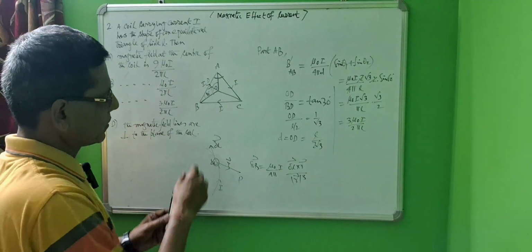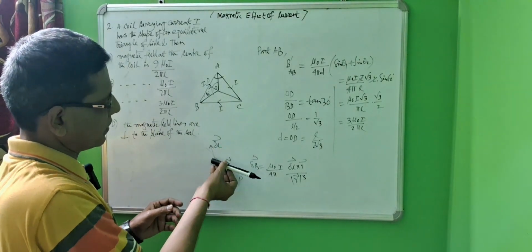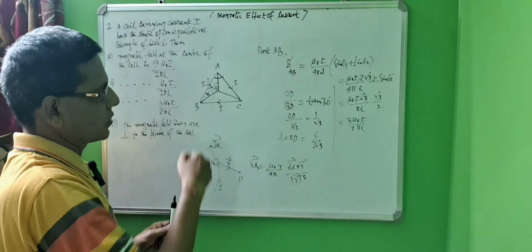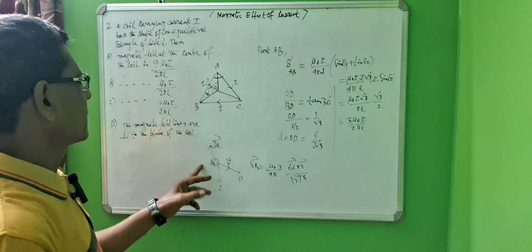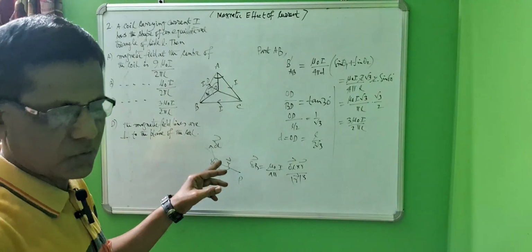So delta L cross R enters the plane perpendicularly.